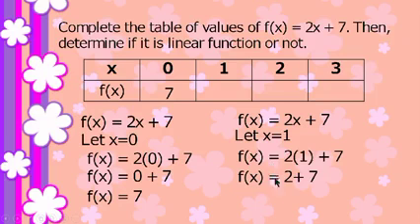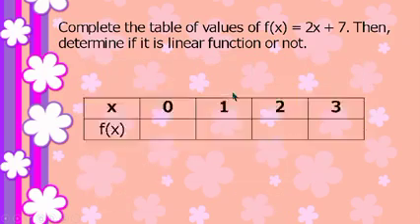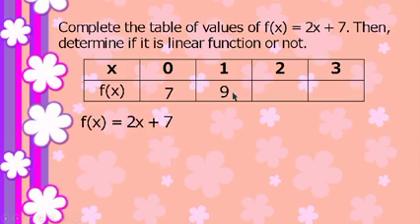F of x is equal to 2 times 1 is 2, copy plus 7. Solve. F of x equals 2 plus 7 is 9. Therefore, if x is 1, f of x is 9. So, ayun siya. Meron na tayong second value. Now, let's have the third value.